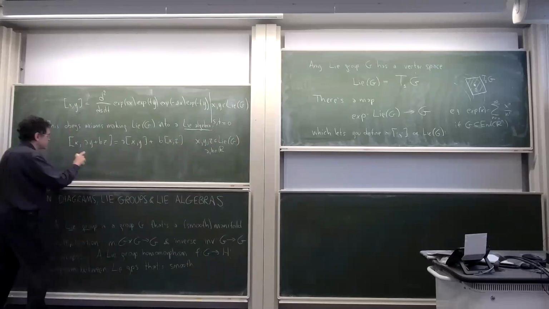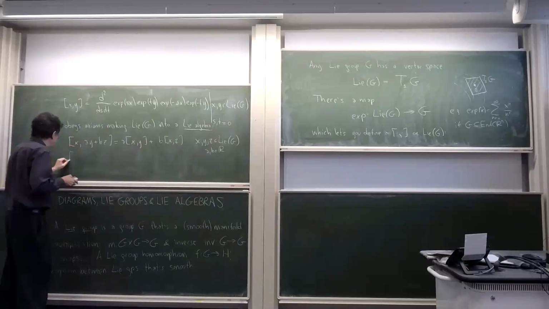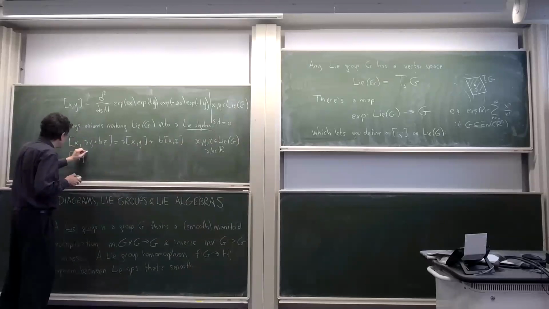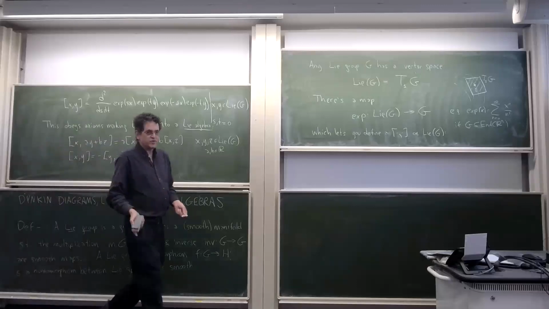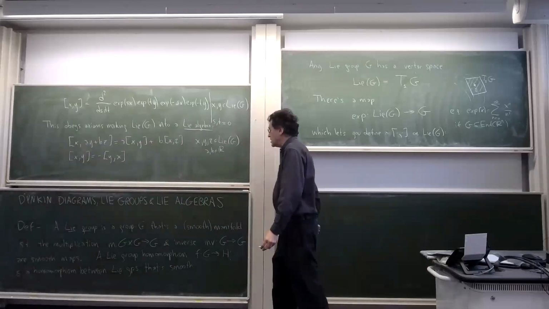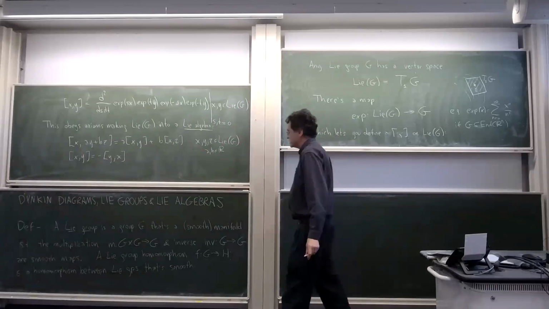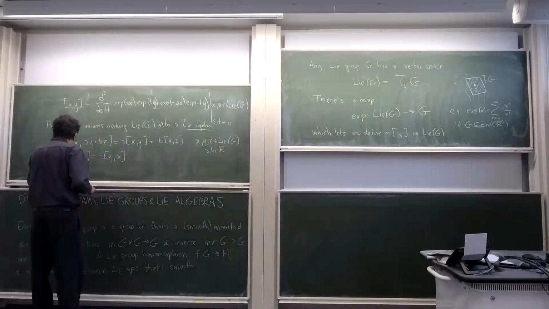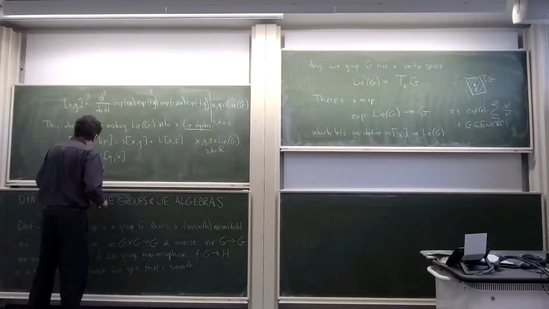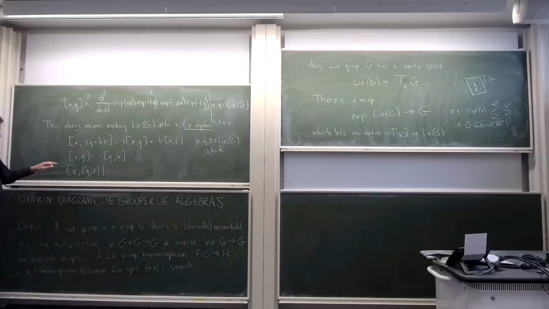Instead of writing linearity in the first slot, I'll just subsume that by the fact that the Lie bracket is anti-commutative, anti-symmetric. That implies that it's linear in the first slot as well. And then the really exciting one is that the Lie bracket is a derivation of itself, so it obeys a product rule for itself.